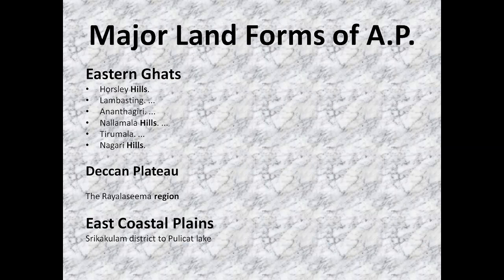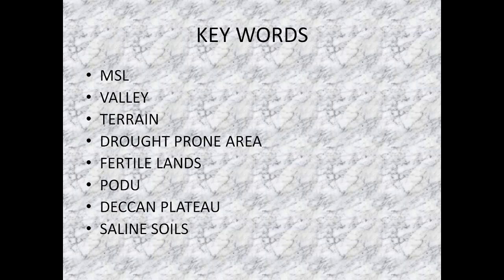And then the major landforms of Andhra Pradesh will be introduced, like Eastern Ghats, Deccan Plateau and East Coastal Plains. Some examples are also given under Eastern Ghats, Deccan Plateau and East Coastal Plains. And during these discussions, they will come out with certain keywords like MSL, mean sea level.